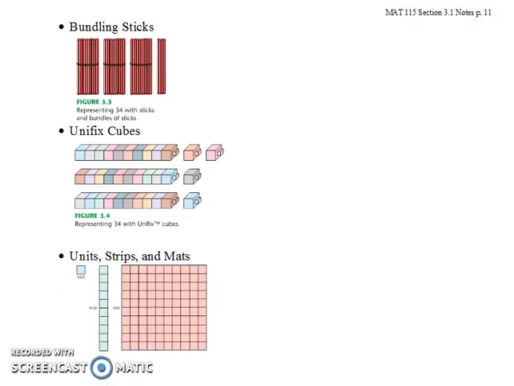Other classroom models, we've got bundling sticks. Representing with bundling sticks, you bundle 10. So when you bundle 10 sticks to make a 10, you've got 10, 20, 34. Unifix cubes are cool.